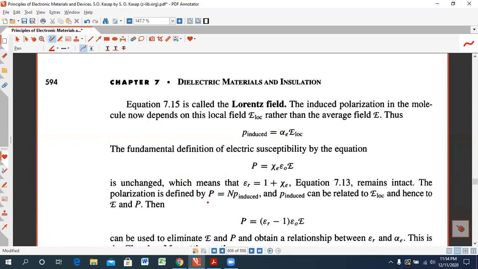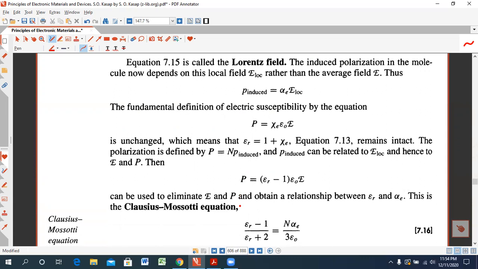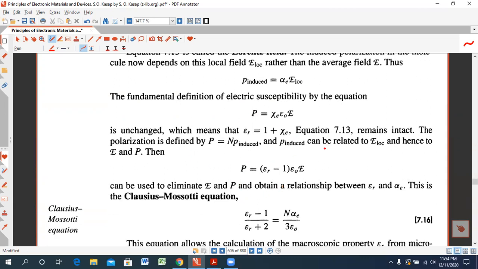And look, the total polarization is defined as P equals N into P induced. Now from these two equations, we can derive that epsilon r minus 1 divided by epsilon r plus 2 should equal N alpha e divided by 3 epsilon naught.